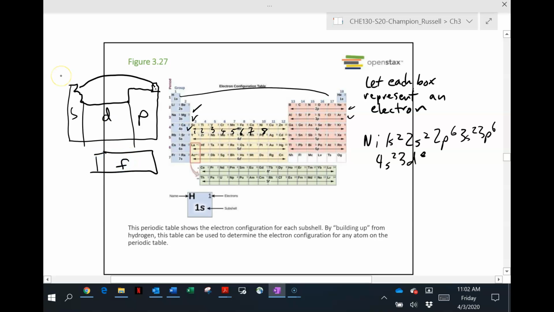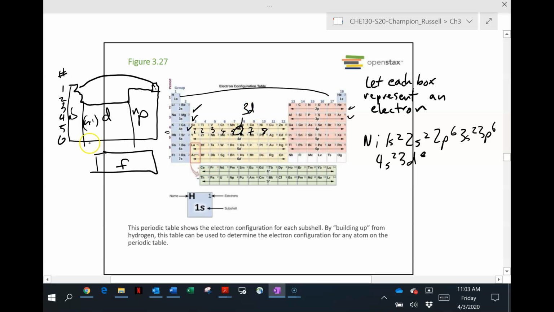The number over here, 1, 2, 3, 4, and so on, 5, 6. What we have to recognize is that you take whatever that number is and put it in front of the S. We usually say NS, NP, N minus 1 D. You see here we're at the 4th row, but this region is the 3D. So we subtracted 1 from it.